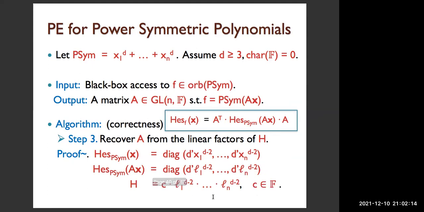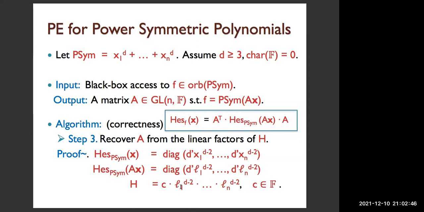Now if you take the determinant of the Hessian of the power symmetric polynomial, it becomes essentially the determinant of the Hessian of F, which is capital H. So you get a constant times the product of the diagonal entries. And this is very nice, because this means that the black box is actually a polynomial which factorizes completely into linear factors or powers of linear factors.